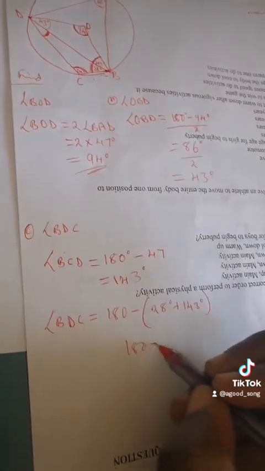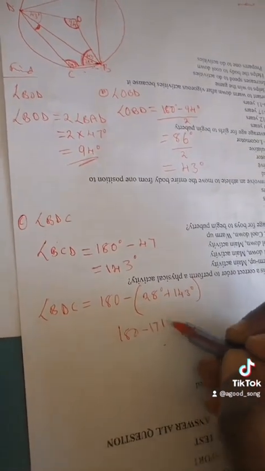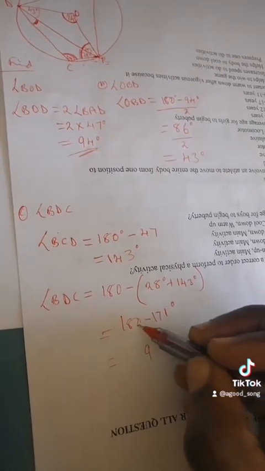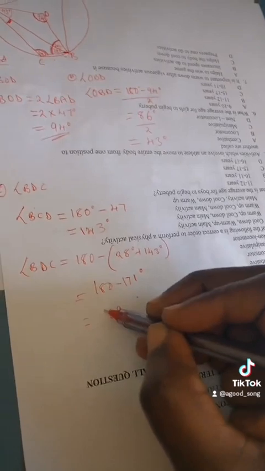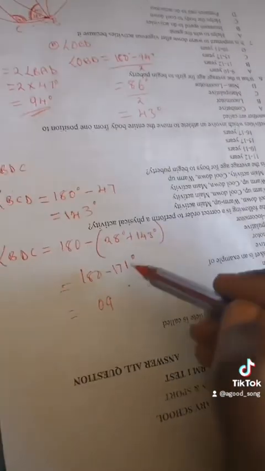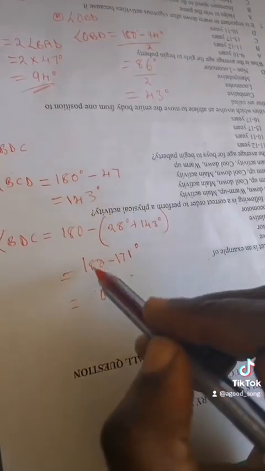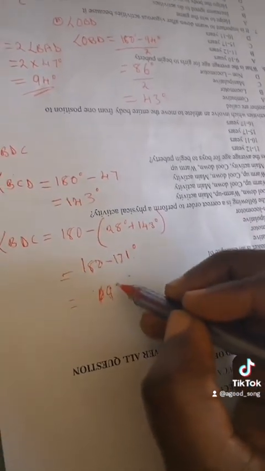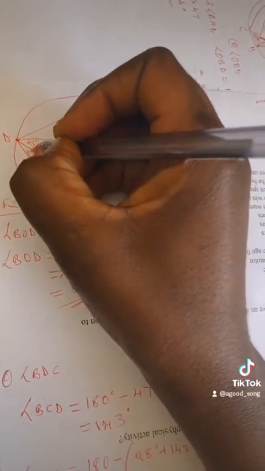That is 171 degrees. 180 minus 171 gives us 9. So this angle is simply 9 degrees.